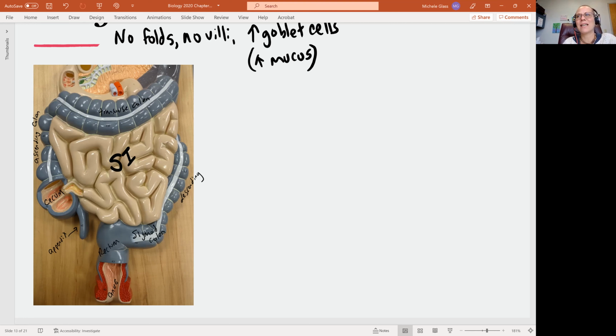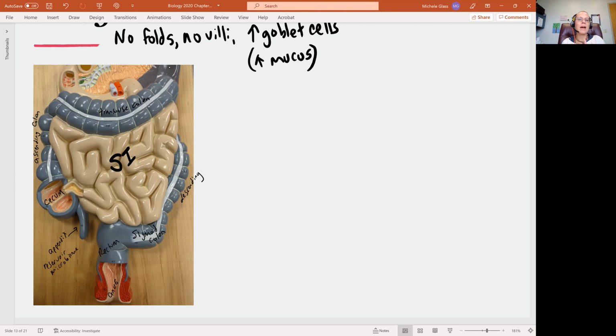With the appendix, there's been a lot of research and conversation around this particular structure. It's been thought of as a vestigial organ, meaning it's left over and it has no real function for us. And now the current thinking is that this is like a reservoir for our microbiome.